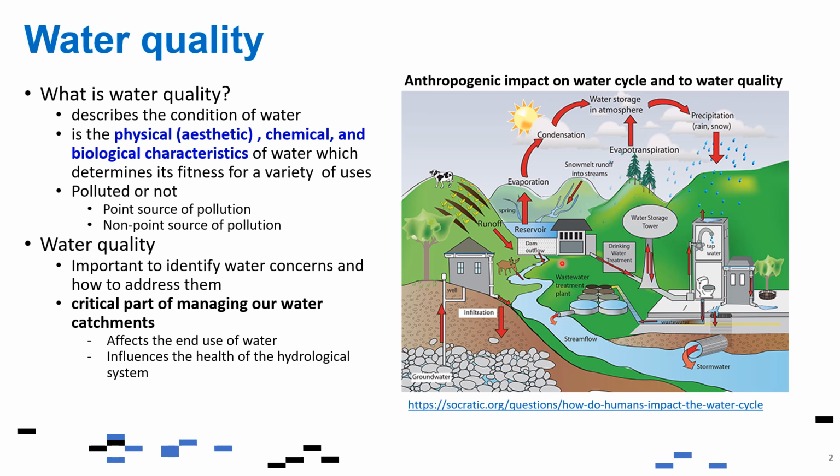For example, in this case, we have a wastewater treatment plant here, we have a drinking water treatment plant here, and we're also coming from the houses. There are discharges here. This one is discharged to the river, for example, coming from a wastewater treatment plant. So the quality of this water that is discharged here affects the receiving water.